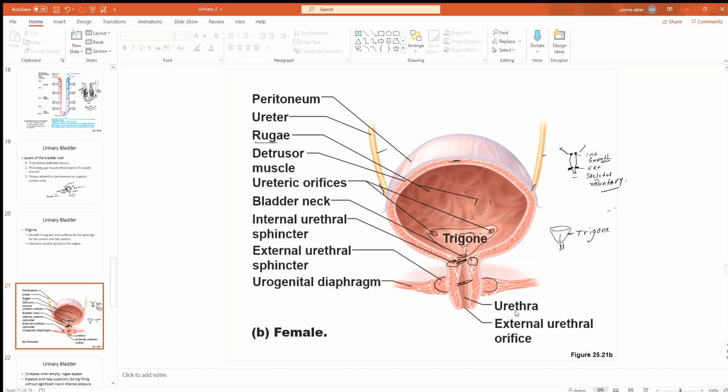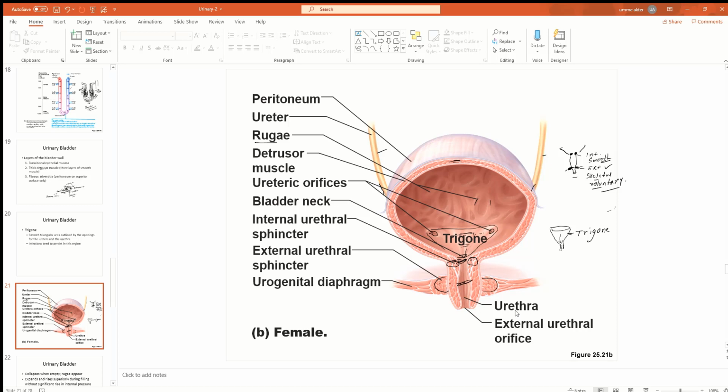Sphincters are constricted in normal condition. Then when we decide to urinate, what we do, we voluntarily relax this one. So we voluntarily relax the external sphincter. We can do that, right? Skeletal muscle. But we cannot relax this one.